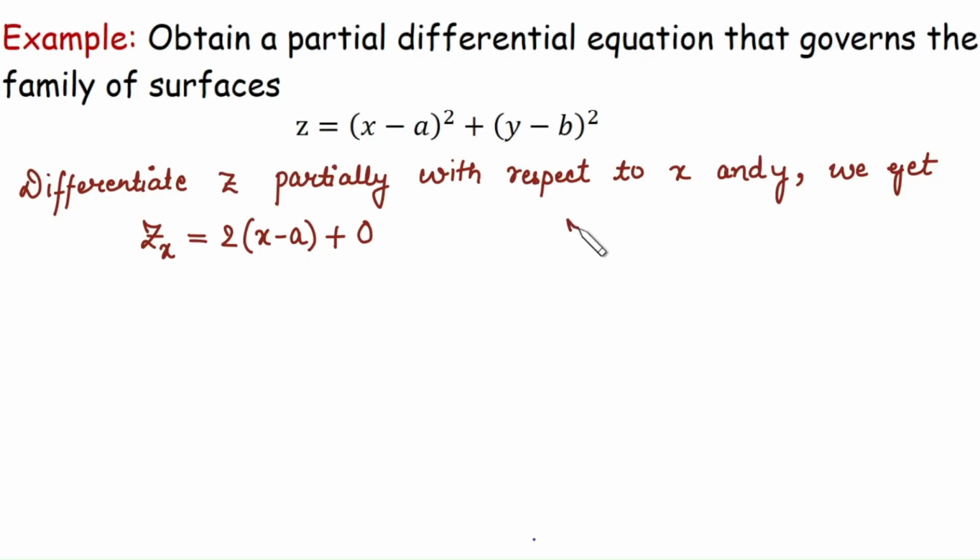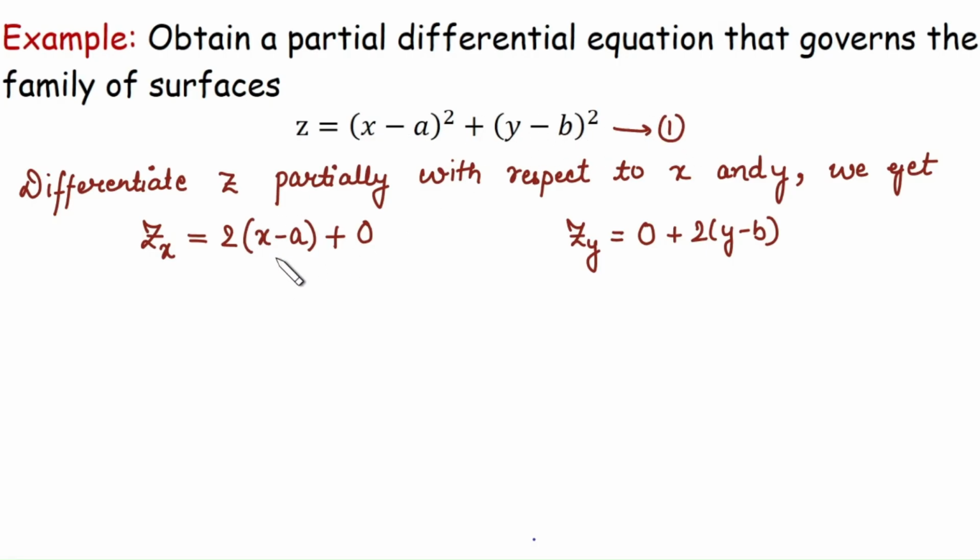Now take its derivative with respect to y. That can be written as the derivative of z with respect to y, this, plus 0 plus 2 times y minus b.